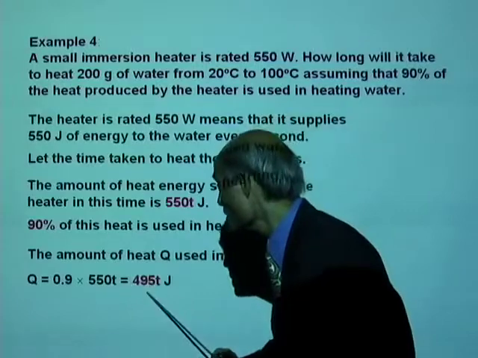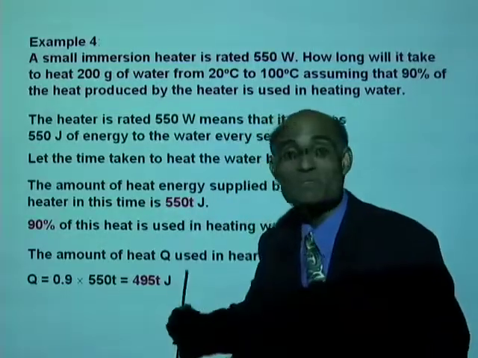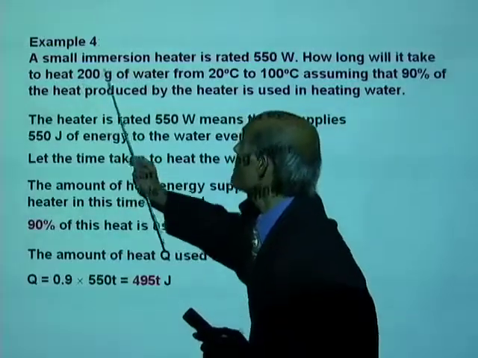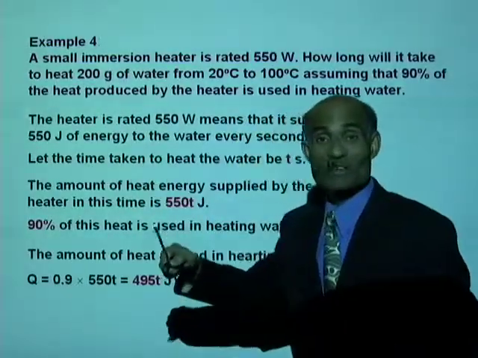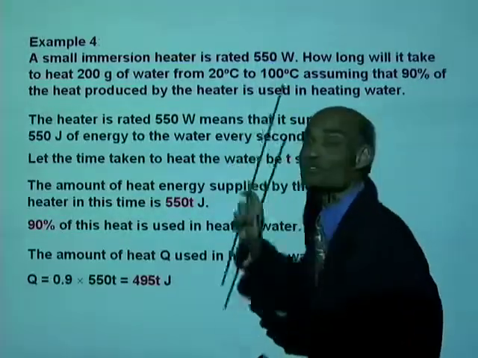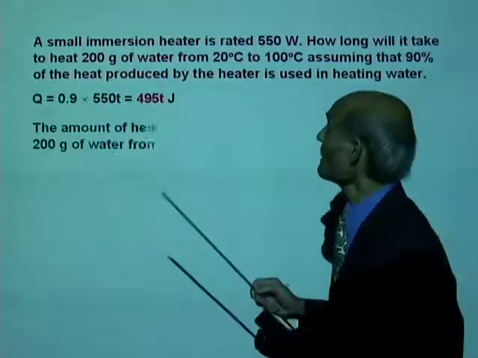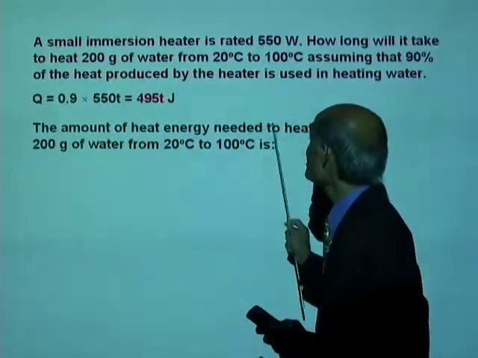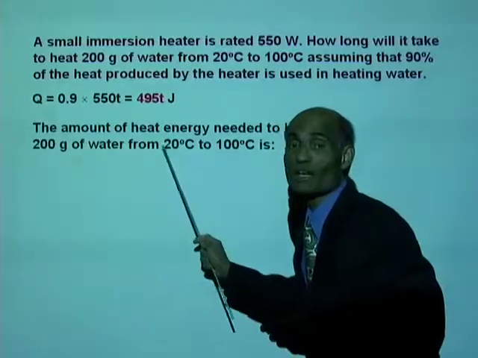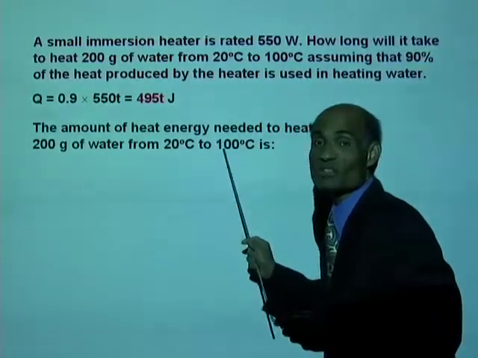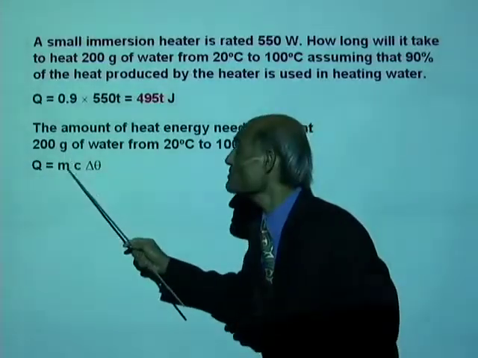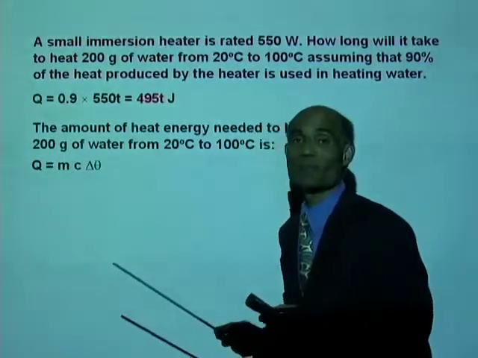So this quantity will be equal to mc delta theta, where m is 200 grams, c is the specific heat of water we know, delta theta is 100 minus 20. Alright, so the amount of heat energy needed to heat 200 grams of water from 20 degrees Celsius to 100 degrees Celsius is Q equal to mc delta theta.